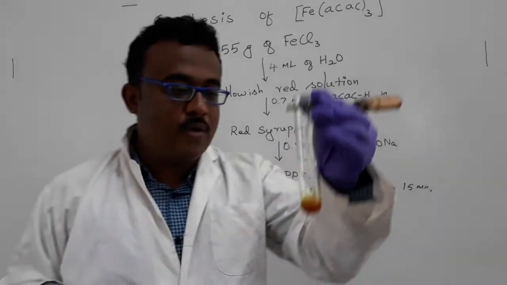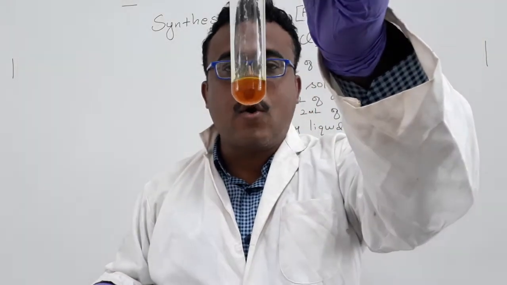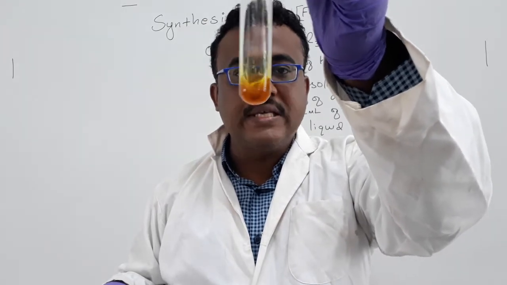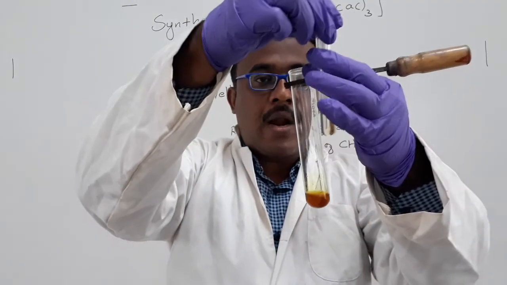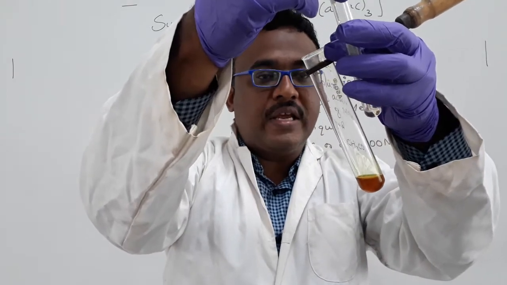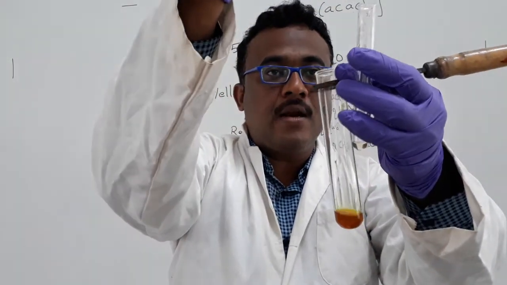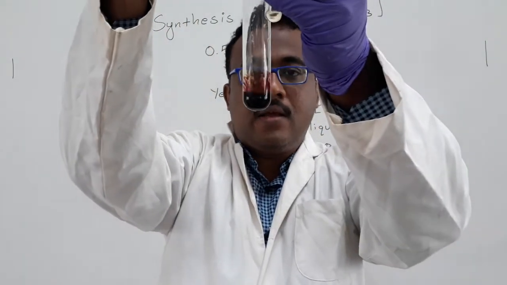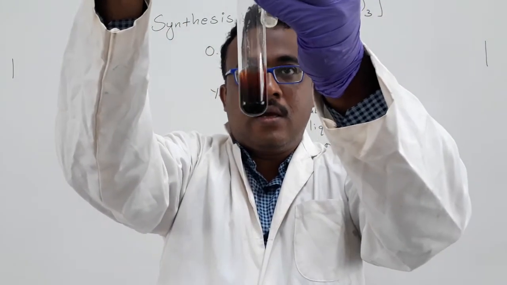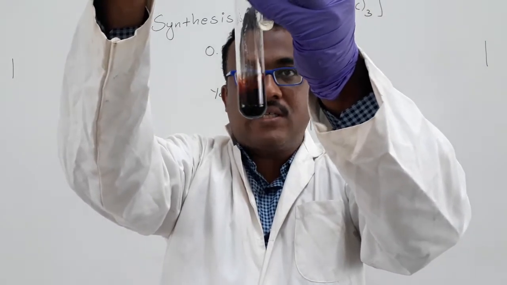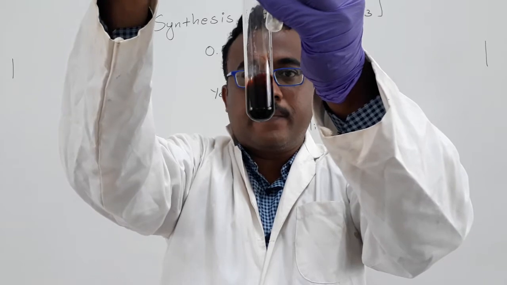You can see that I have dissolved ferric chloride in distilled water. I got a yellowish red colored solution. Now I am going to add acetyl acetone in methanol dropwise. Once I added it, a red syrupy liquid was forming.